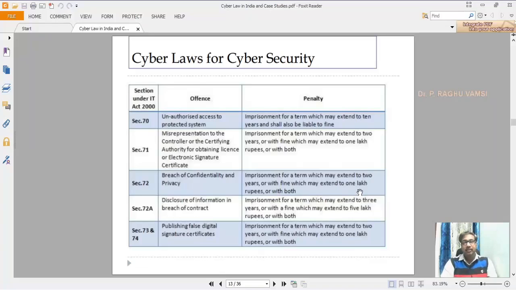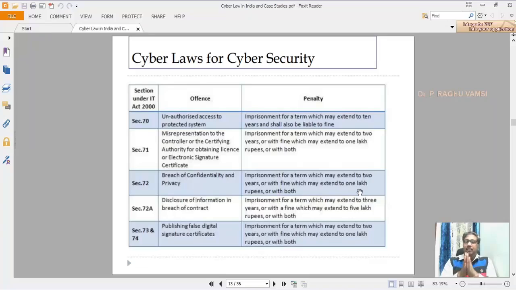Section 72A, disclosure of information in breach of contract. Whenever a contract has been made between the ethical hacker and the organization, the hacker or penetration tester, during security testing, might have identified some defects or problems in their network.